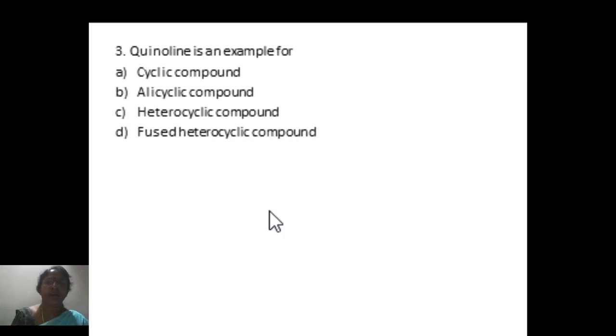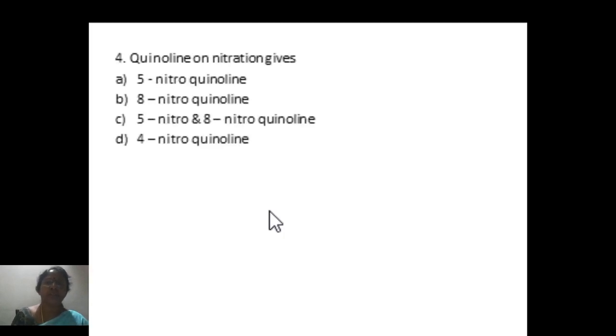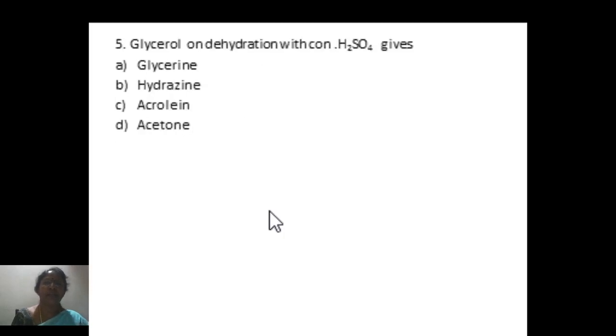Third question: quinoline is an example for fused heterocyclic compound. Fourth question: quinoline on nitration gives 5-nitro and 8-nitro-quinoline. That is the right answer. And the last question: glycerol on dehydration with concentrated sulfuric acid gives acrolein.